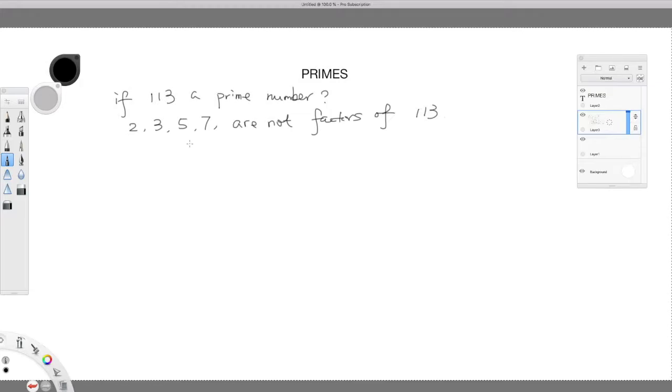And by the argument of composite numbers, we don't really need to check. We also know that 4, 6, 8, 9, 10 cannot be factors of 113 either. Now, do we need to check the prime number 11? Do we need to check 11? Is 11 a prime number?